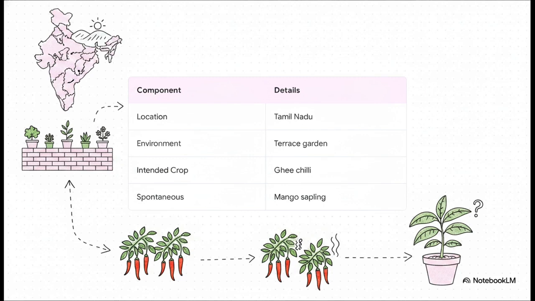Next up is the intended crop, which are the ghee chili plants. And finally, the total disruption to the system, the spontaneous crop, a mango sapling. Organizing the data like this is so cool because you see exactly how the author yanks our focus from the macro geography of southern India straight down into the microbiology of two distinct plants sharing one confined space. Structuring raw data like this is absolutely crucial to comprehending any complex system.